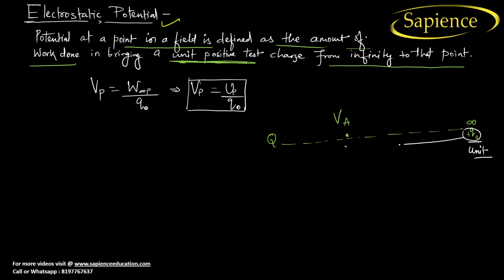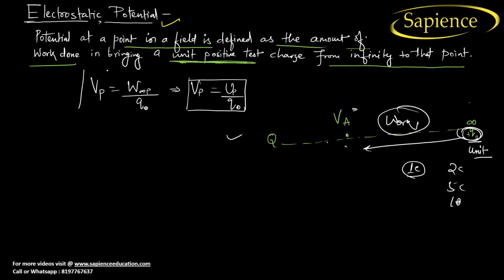So when you bring this charge, what work will we have to do? The work done in bringing a unit test charge, not any charge. You can't take 2 coulomb, 5 coulomb, 10 coulomb. We will consider only a unit charge, that is 1 coulomb, right? So the work done in bringing a unit positive charge from infinity to that point is known as the potential at that point.